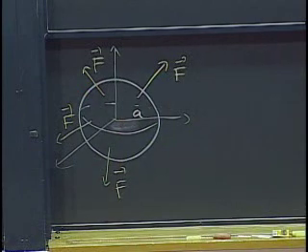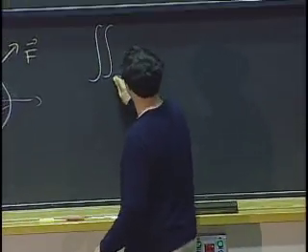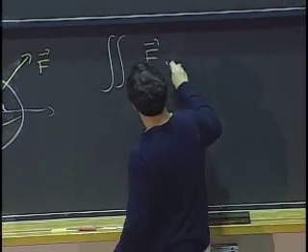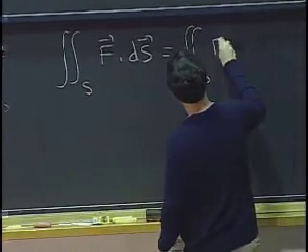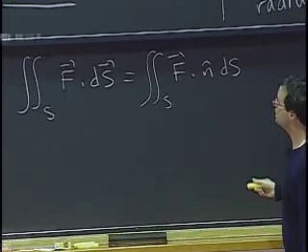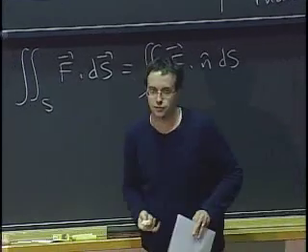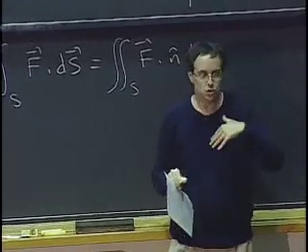Now I have to find the normal vector to the sphere if I want to set up the double integral over the sphere of f dot vector ds, or if you want, f dot n ds. So what does the normal vector to the sphere look like? Well, it depends, of course, whether I choose it pointing out or in.